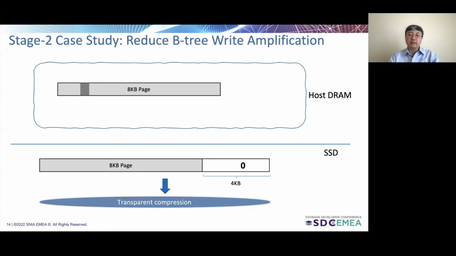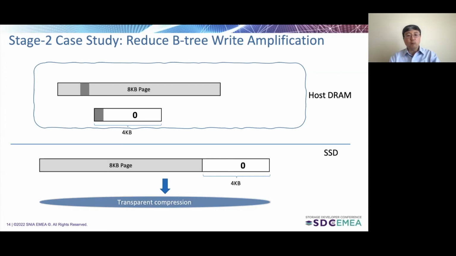Instead of flushing the entire 8K page from the memory to SSD, we create an in-memory all 0 4K byte block and copy the modified segment into it.